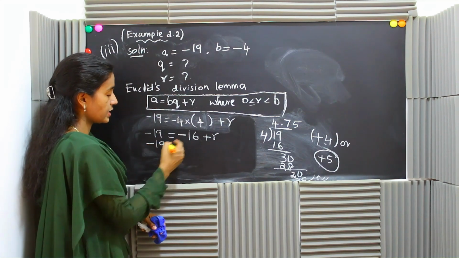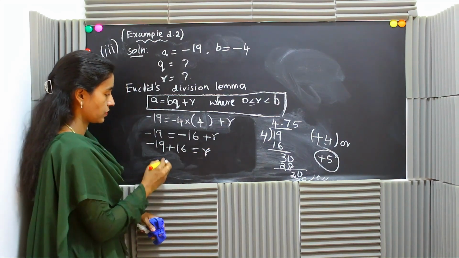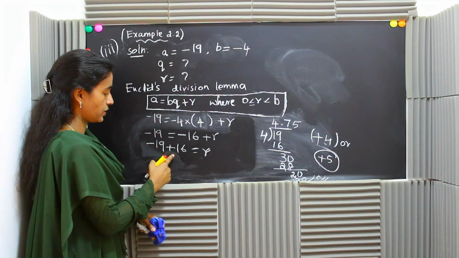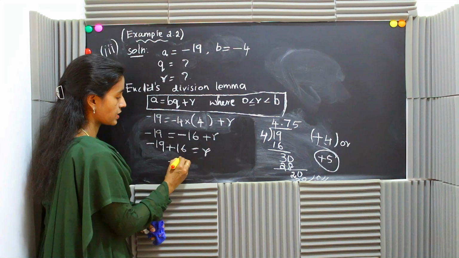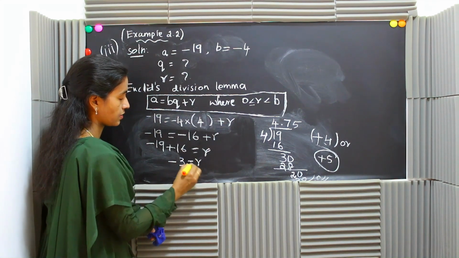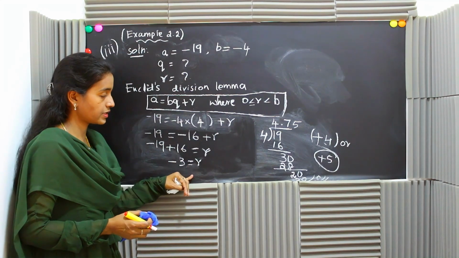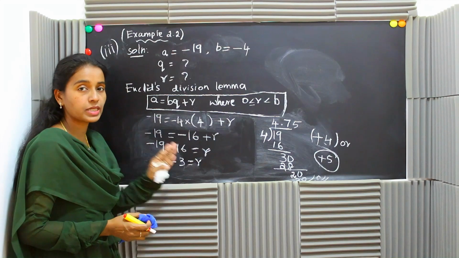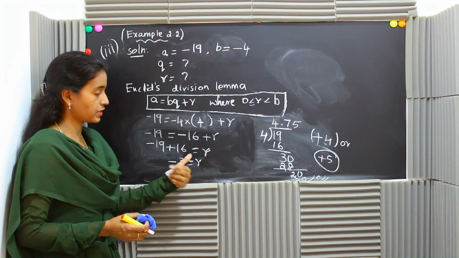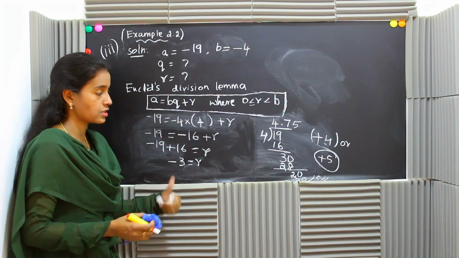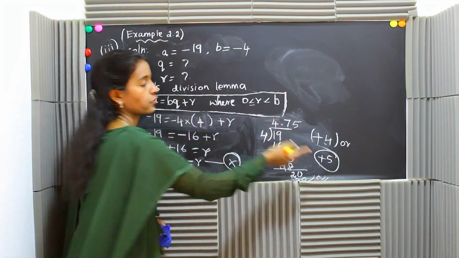So minus 19 plus 16 equals R. Here what would be the answer? Minus 19 plus 16, minus 3 I am getting. So the condition is not satisfied, right? The condition is R should be greater than or equal to 0, but we are getting minus 3. So this is not a correct answer, so I am going for the next option.